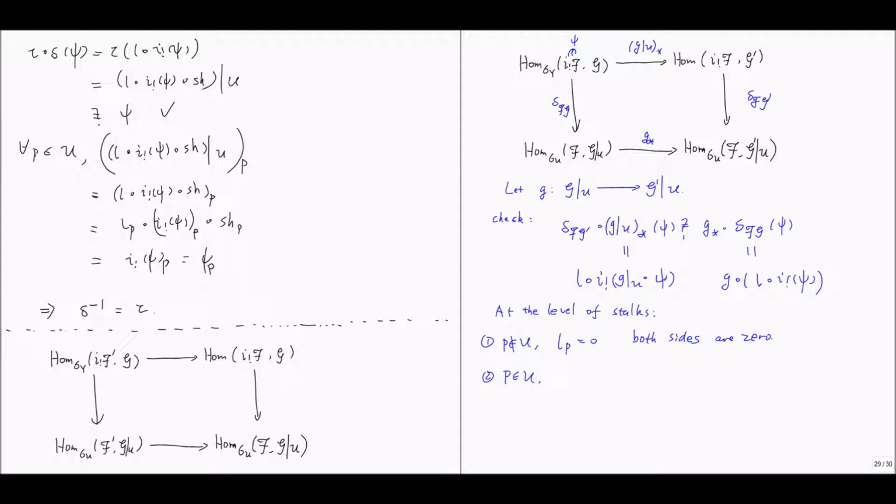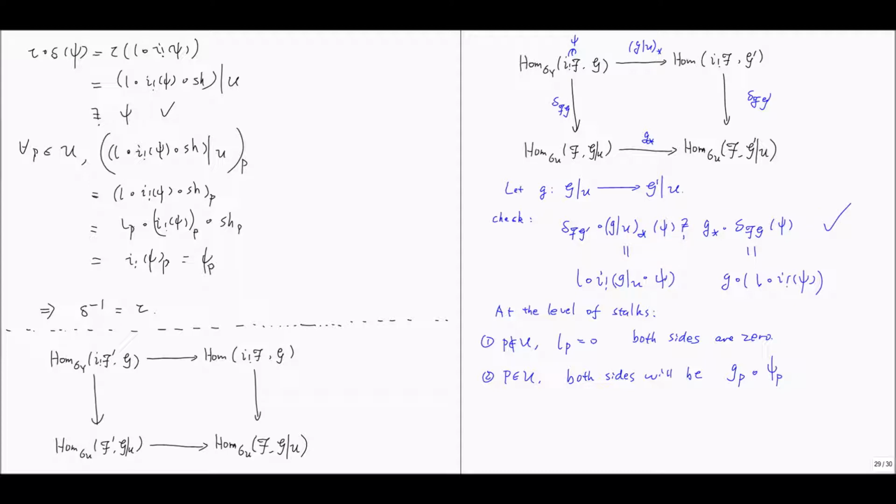So the essential part of both sides will be g sub P composed with psi sub P. So both sides will be equal to this guy. If two maps are equal at the level of stalks, they will be equal. So we have verified this.